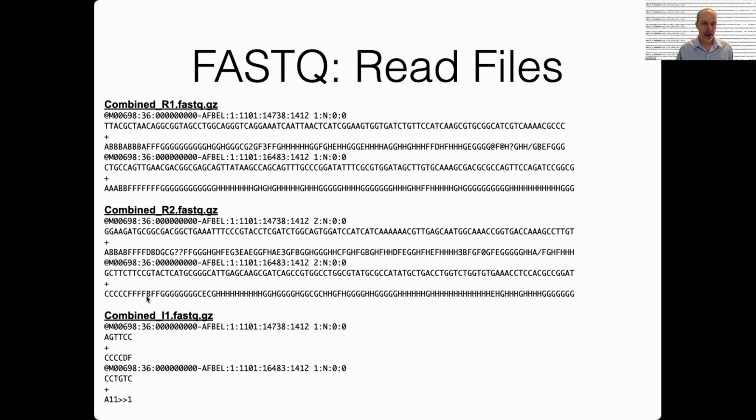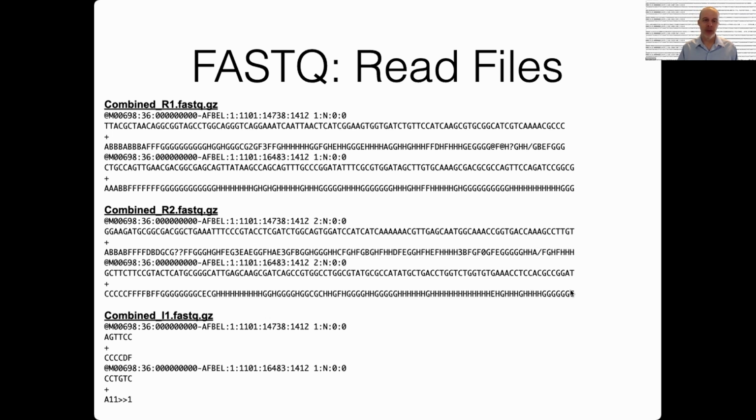There's this one that has a B, but all the scores are between B and H. There's a log transform that goes into it, but these are all above 1 in 1,000 error rates, basically. But you can see that the quality is not consistent across a read.